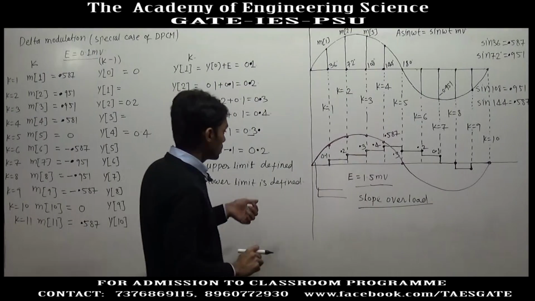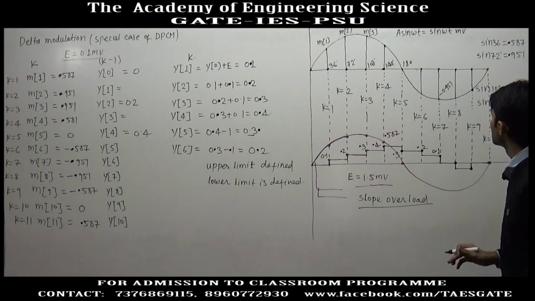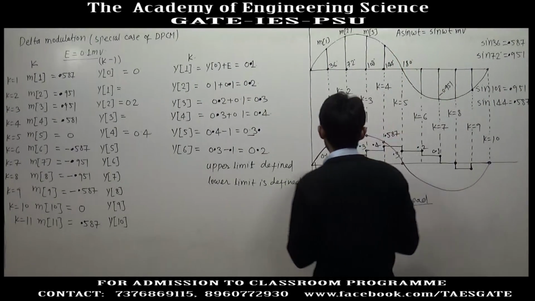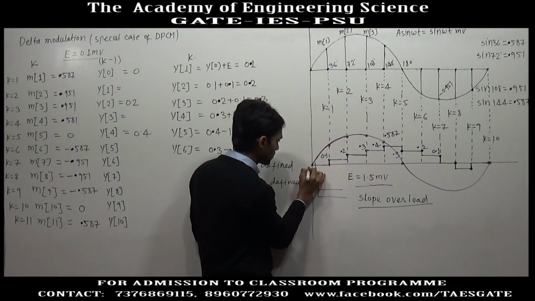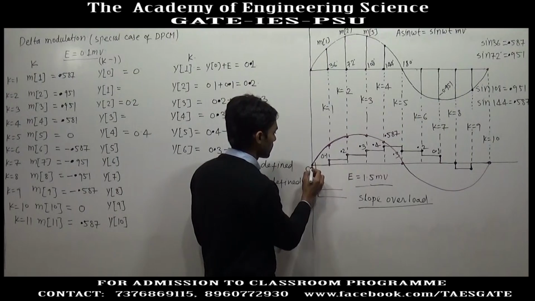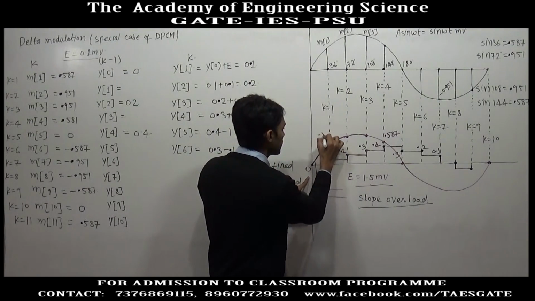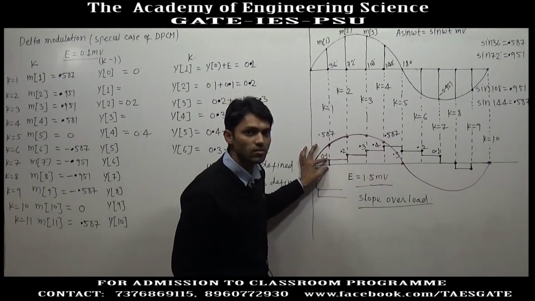Now, to avoid slope overload, suppose what is happening here, the previous output is 0, this is y0, and the desired output is 0.587, but we got a change of 0.1 millivolt.